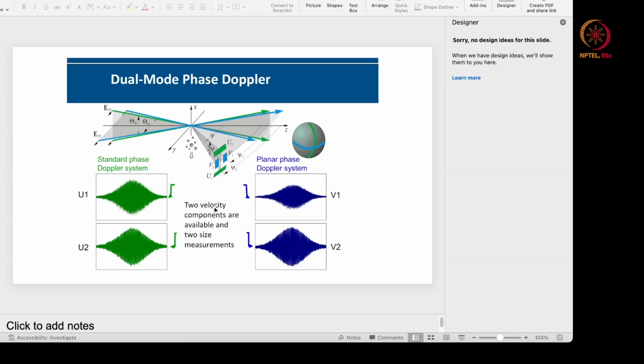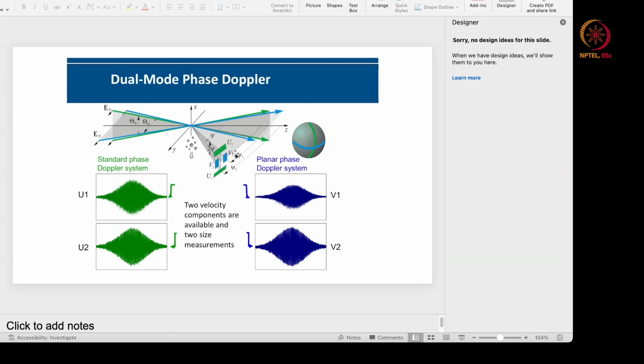So these two velocity components are available, and two size measures. And then you have the planar measurement, where you again get these two signals. This is between V1 and V2 now, which are placed at the same plane with no elevation, and these two are at two elevated locations, away from this particular plane.